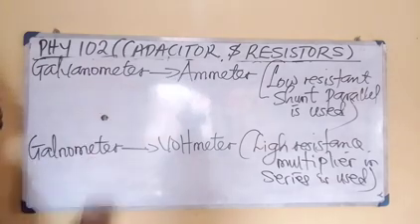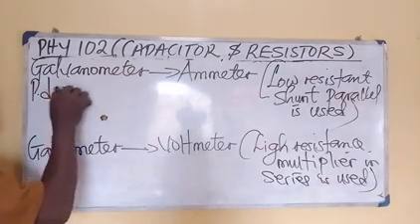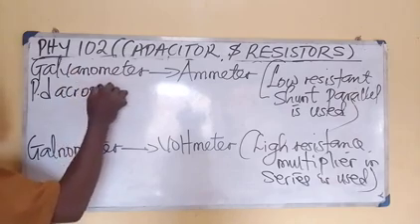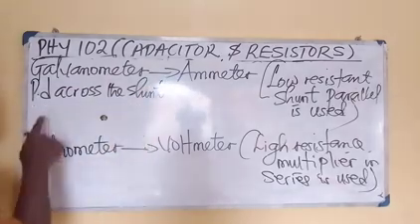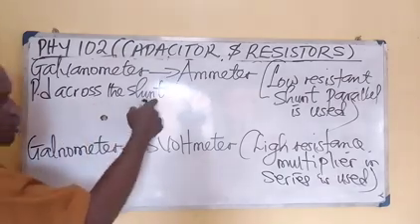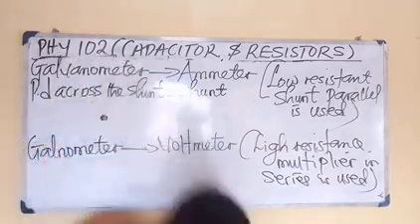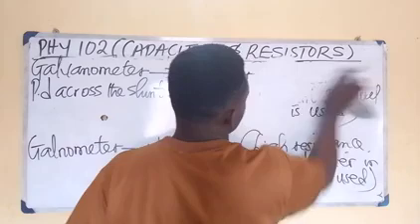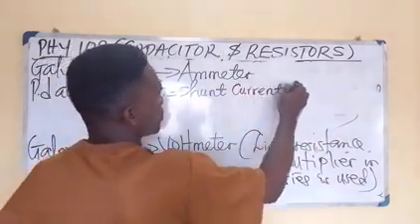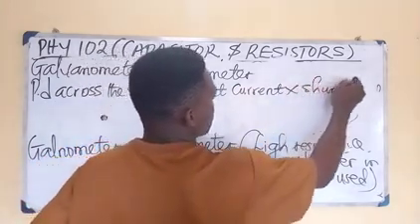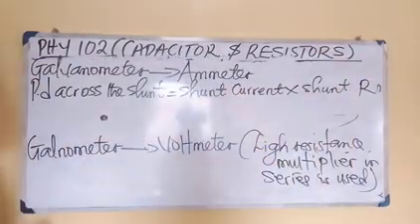Based on this ammeter, now the PD, the potential difference across the shunt, is equal to the shunt current times the shunt resistance. Are you listening?